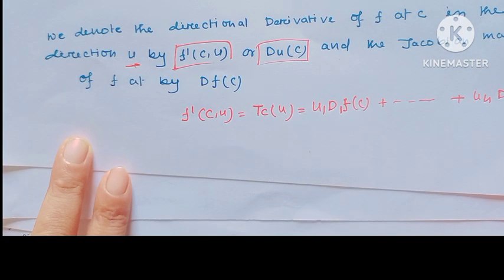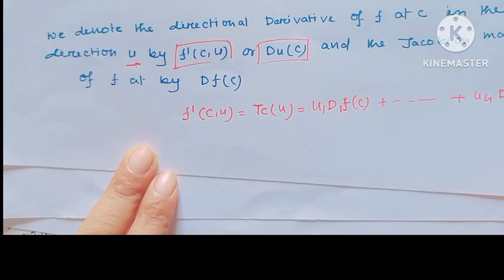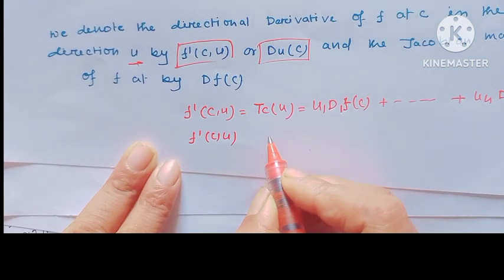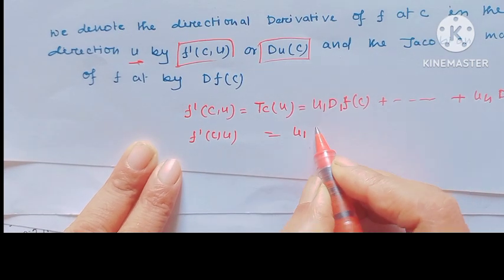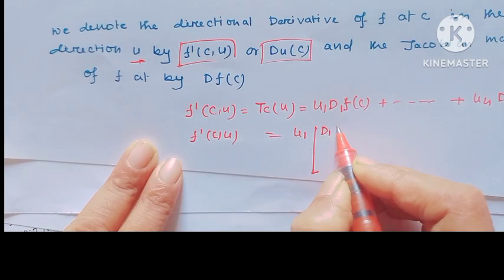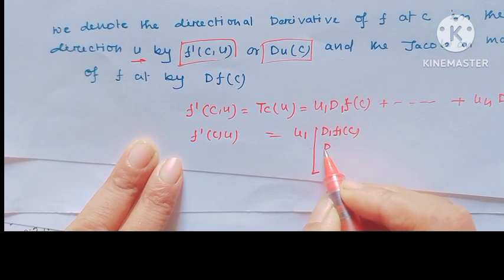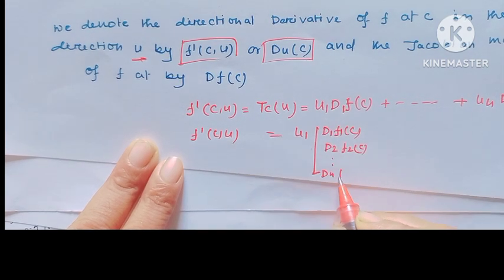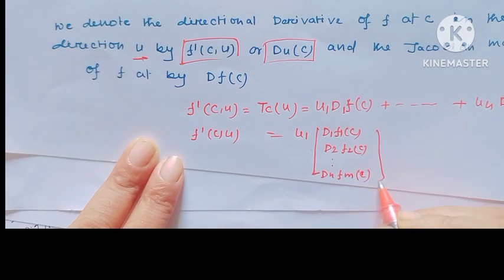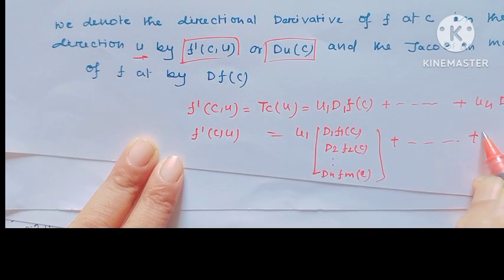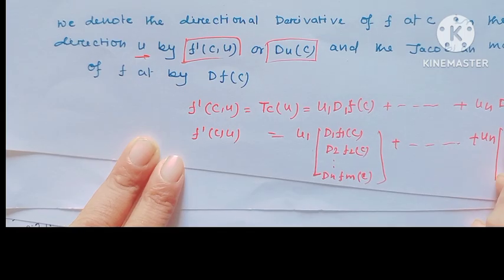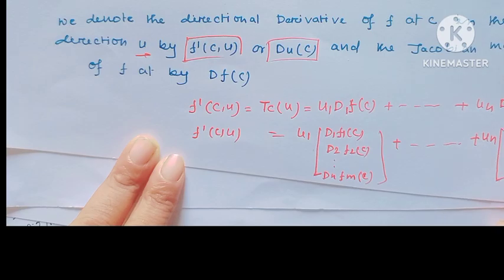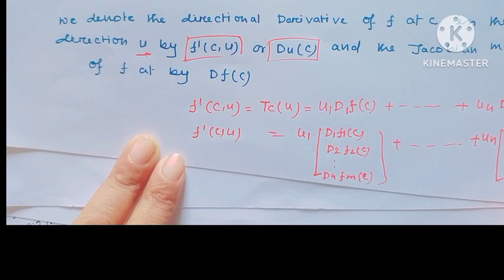Since there are f1, f2, ..., fm components, f'(c)u is actually u1 times D1 f1(c), D2 f2(c) up to Dn fm(c), and similarly un times D1 f1(c), D2 f2(c) up to Dn fm(c).